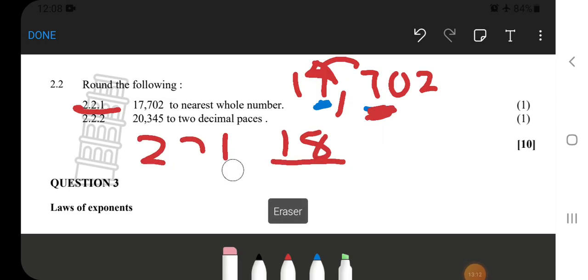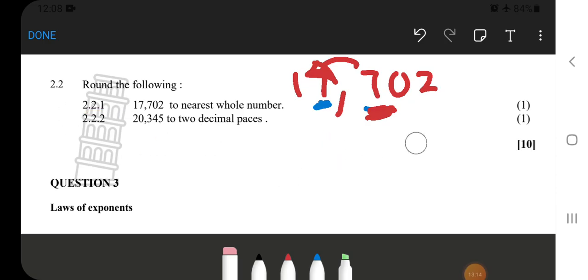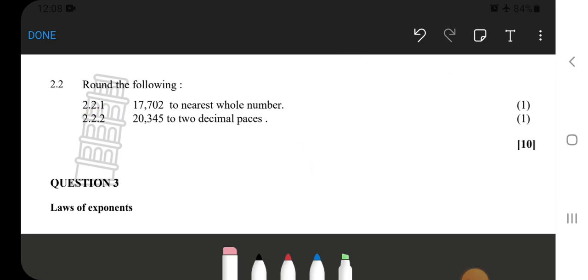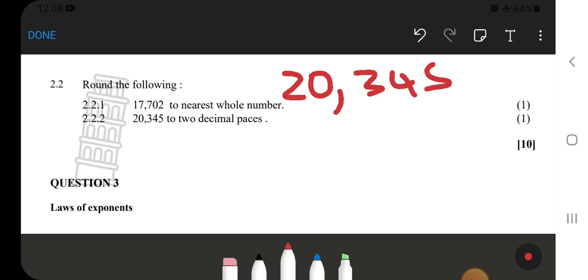So let's erase that and do the second part. So here we have 20.345, 20.345 to 2 decimal places. So this is 3 decimal places, so we have to make it 2 decimal places.